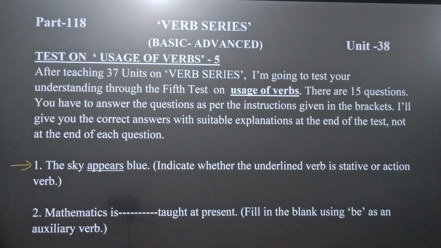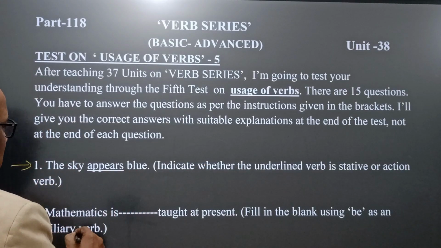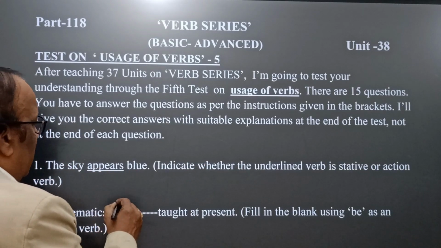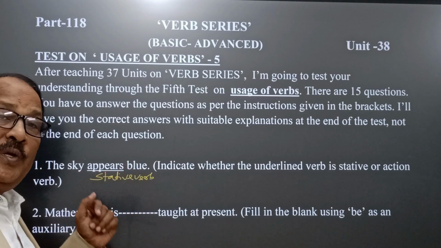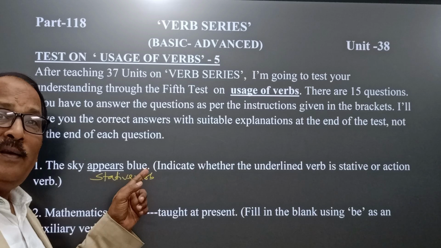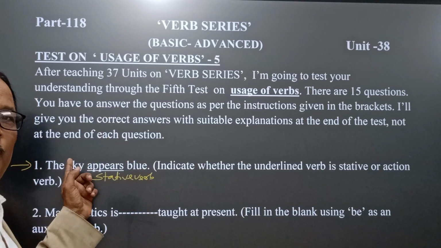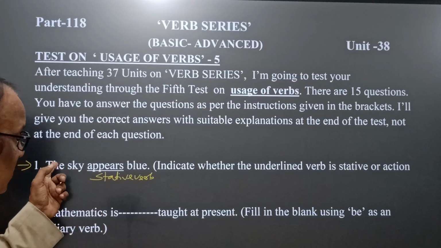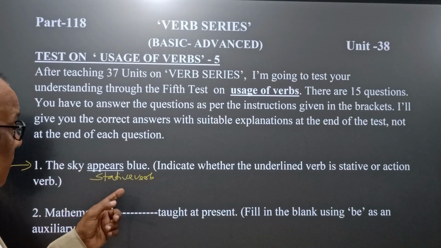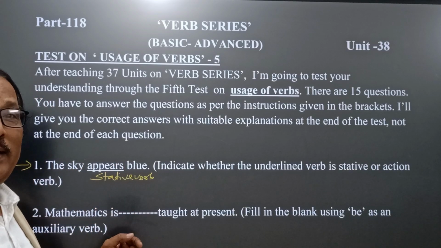Here we find the sky appears blue. Here appears is the stative verb. It is because blue is the adjective of color and it refers to the condition or the state of the sky, which is the subject, and blue is the complement.